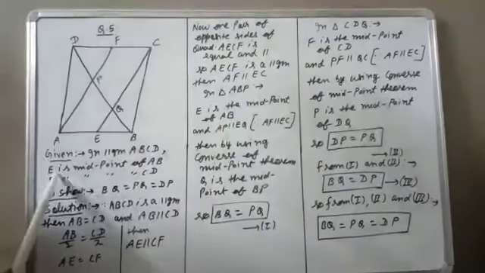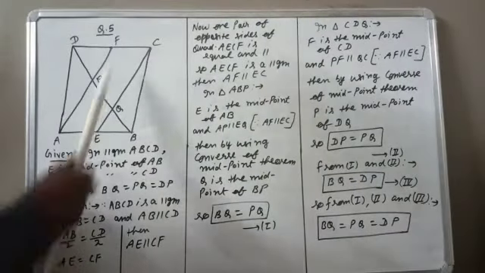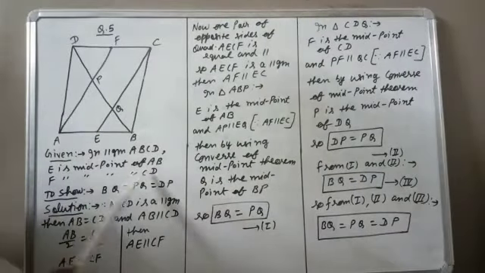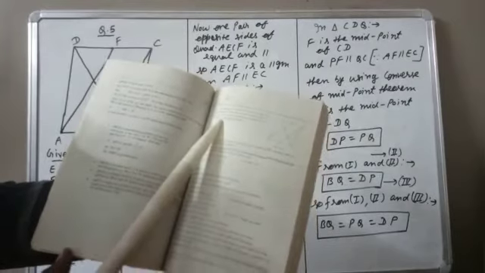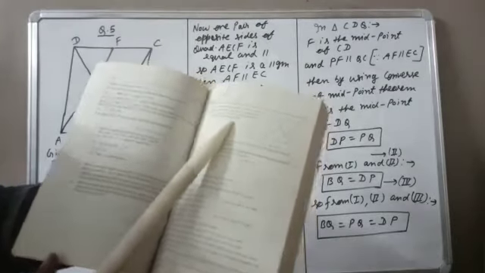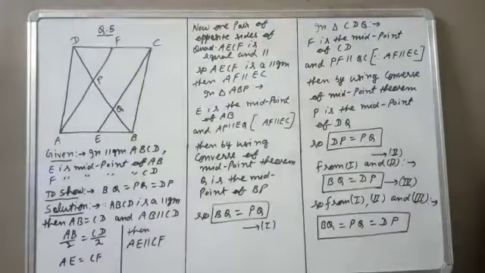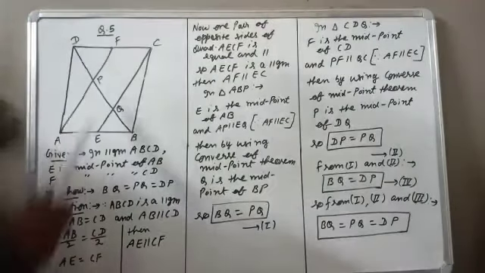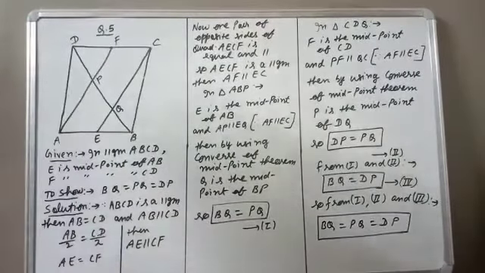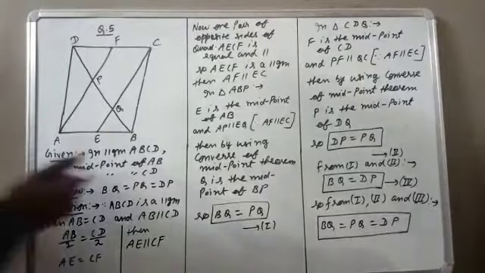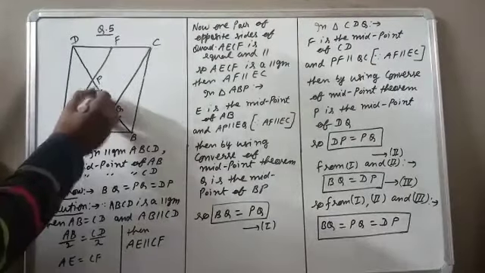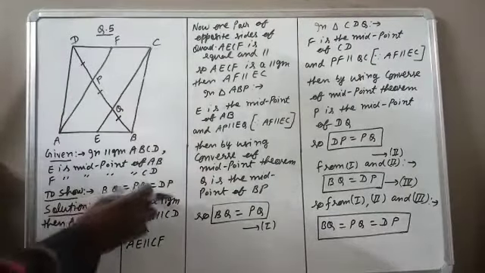Then show that line segments AF and EC trisect the diagonal BD. Trisect means three equal parts. We want to prove that these three parts are equal, that is, BQ equals PQ equals DP.